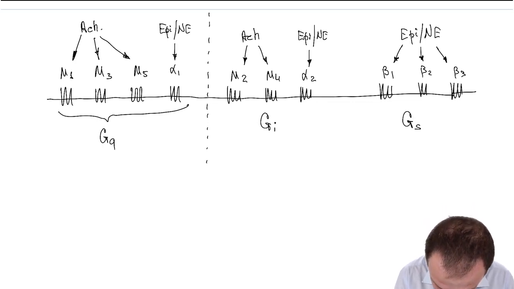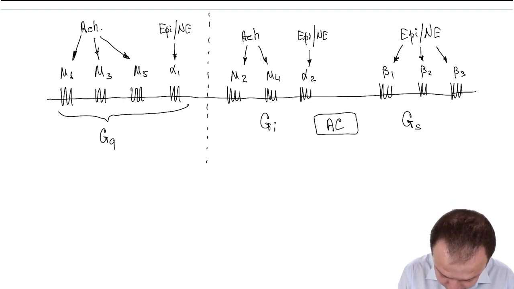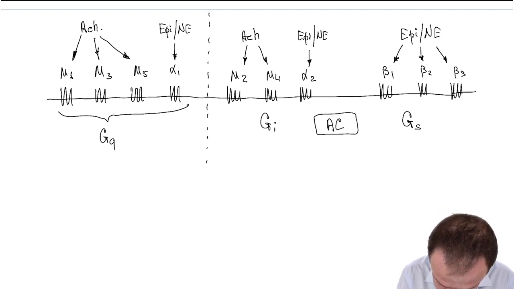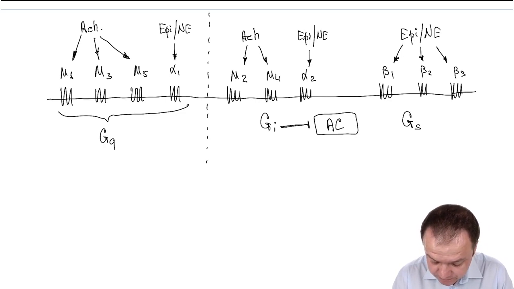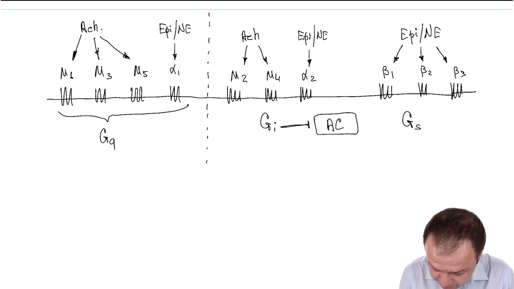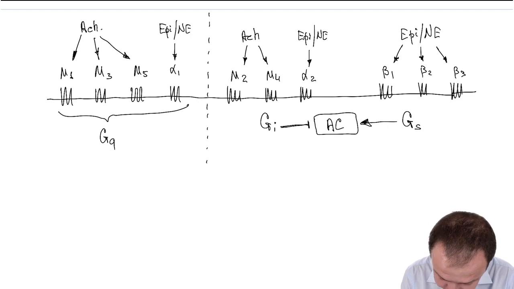And both these proteins regulate activity of adenylate cyclase. The only difference is excitation of M2, M4, and alpha-2 receptors causes inhibition of adenylate cyclase, and excitation of beta-1, beta-2, and beta-3 receptors causes stimulation of adenylate cyclase.